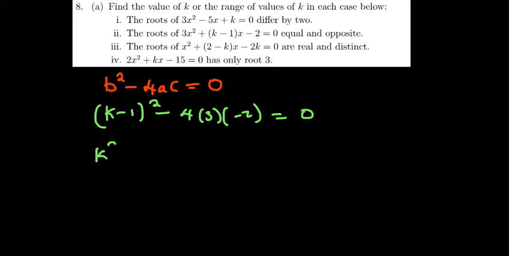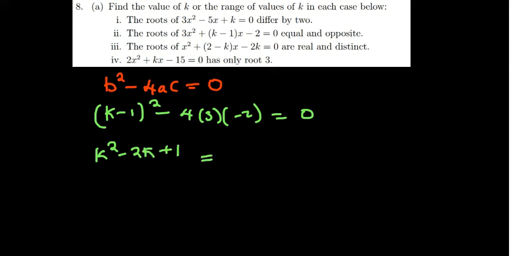So our b in this case is the coefficient of x, which is k minus 1. So k minus 1 squared minus 4, our a is 3, our c is minus 2. So that should be equal to 0. So that is going to be k squared minus 2k plus 1.